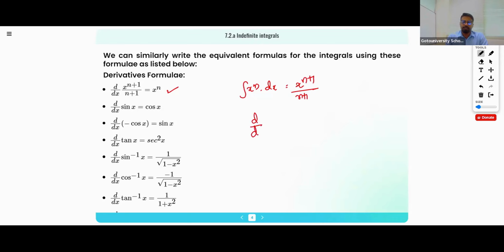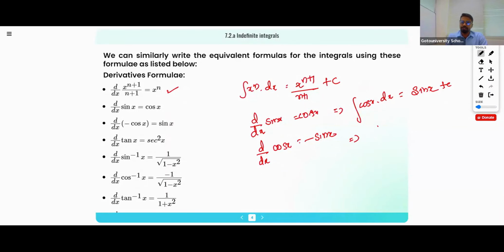Similarly, we know d by dx of sin x is cos x. That means the integral of cos x with respect to x should be equal to sin x plus c. That plus c is there because all these are indefinite integrals. Similarly, we know d by dx of cos x is minus sin x, which implies the integral of sin x dx should be equal to minus cos x plus c.